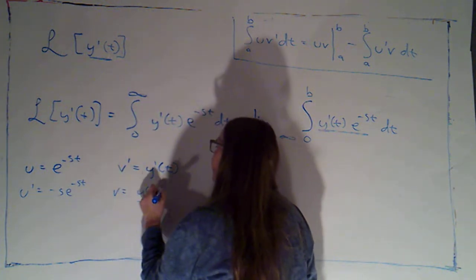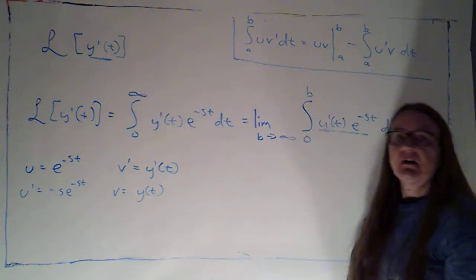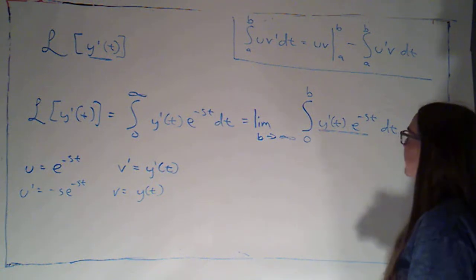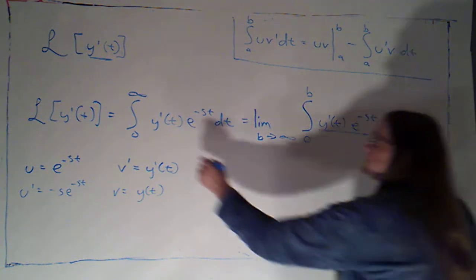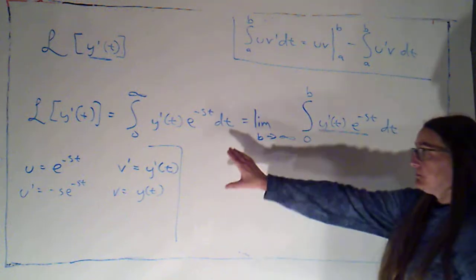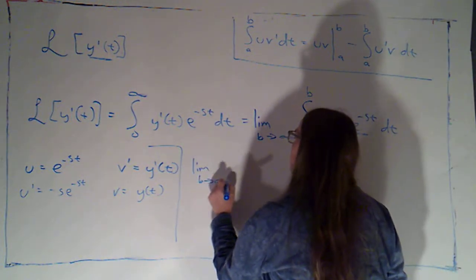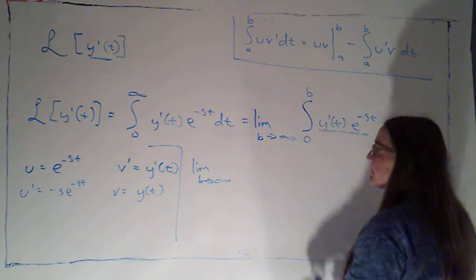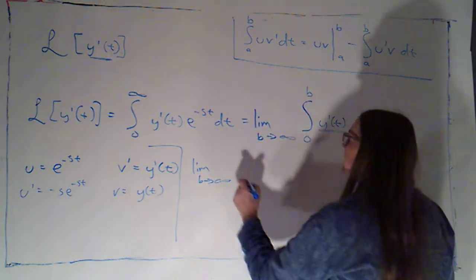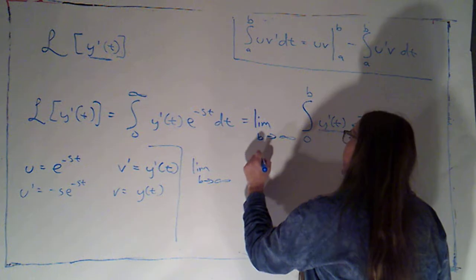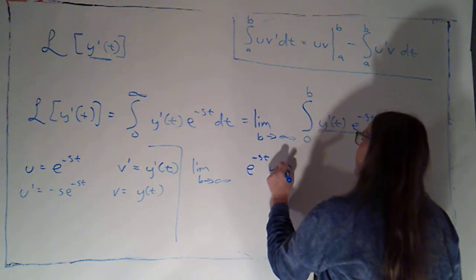And v, an antiderivative of y prime, would just be y. Okay. All right. So with that choice, I can now say this is the limit as b goes to infinity of u times v, which is e to the negative st times y of t.